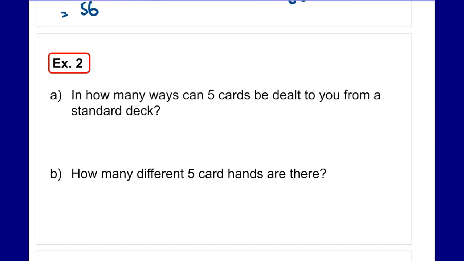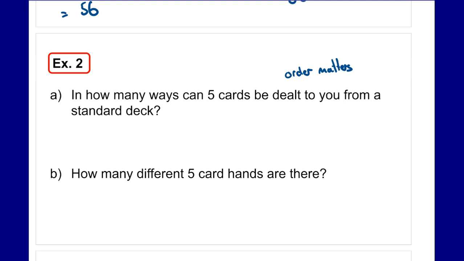In how many ways can 5 cards be dealt to you from a standard deck? In this case, order matters. Order matters in the way it can be dealt to you. You get one card first, then the second, then the third, and so on.